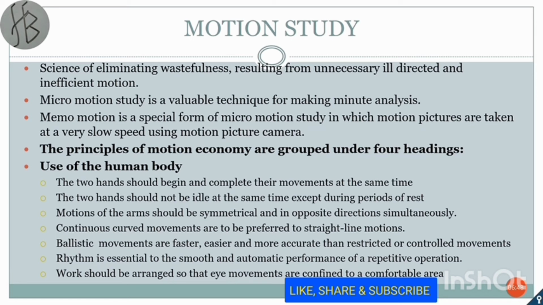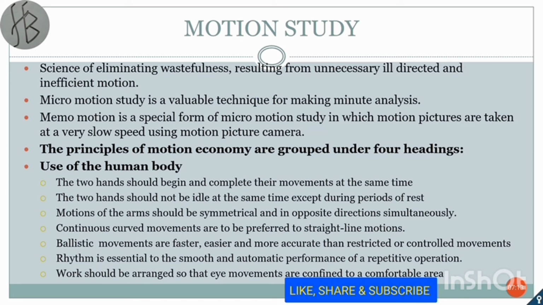Now, what are the different principles of motion economy? They are categorized under 4 headings. First, use of the human body. The two hands should begin and complete their movement at the same time. Two hands should not be idle at the same time. Motion of the arms should be symmetrical and in opposite directions simultaneously.